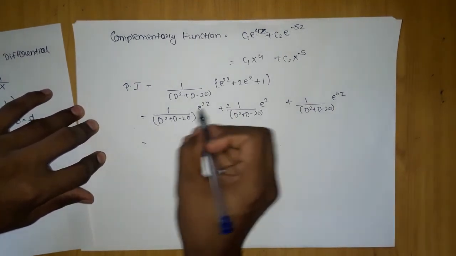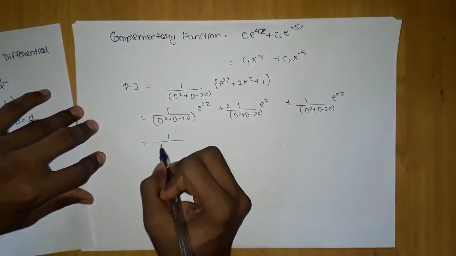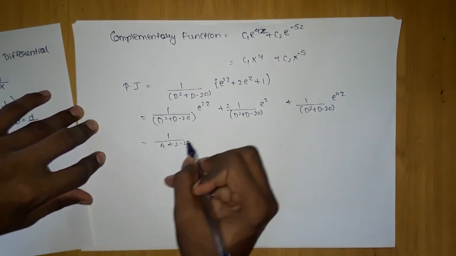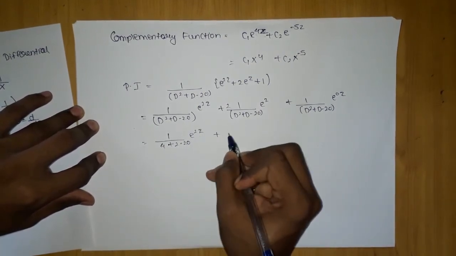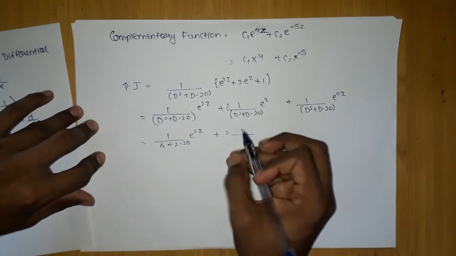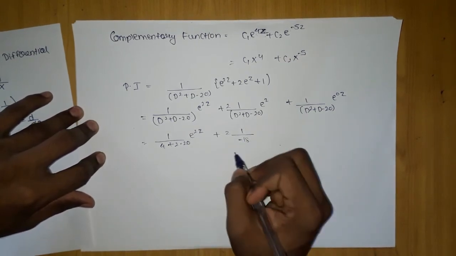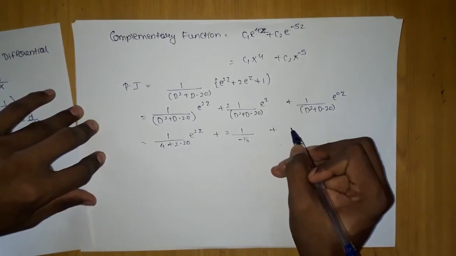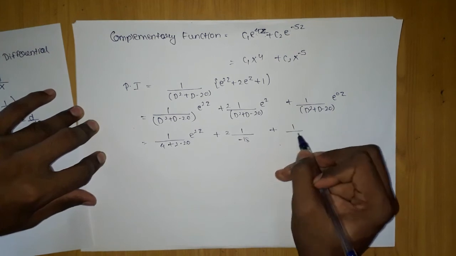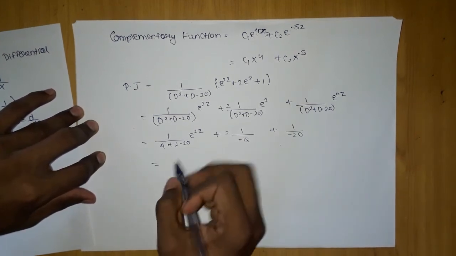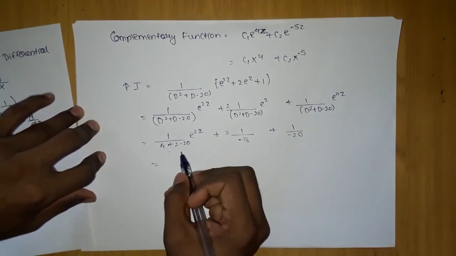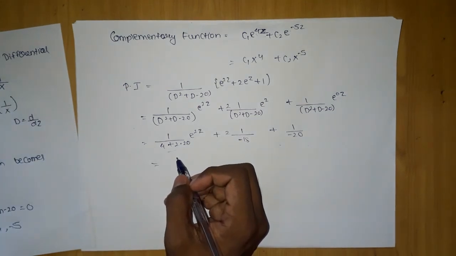If you substitute D by 2, you will get 1 by (4 plus 2 minus 20) into e to the power 2z. Here, substituting 1, you will get 2 by minus 18, and here you will get 0, so it will be minus 20. So finally, here 6 minus 20 is nothing but minus 14.